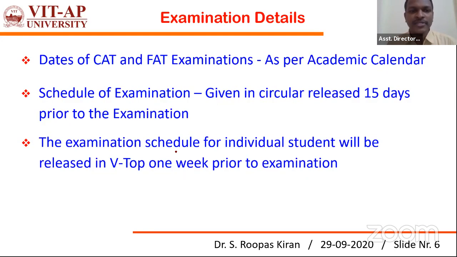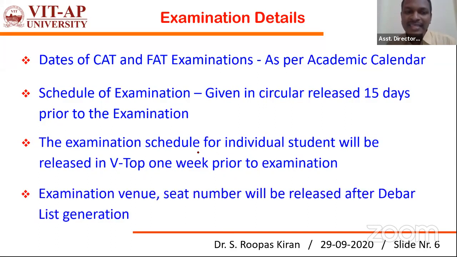For a particular student, for example, you might be taking 6 courses in A, B, C, E, F, G slots. Your date and time of examinations will be available 1 week prior to the examination date in your VTOP account. All those details except venue and seat number will be available 1 week prior to the examination.